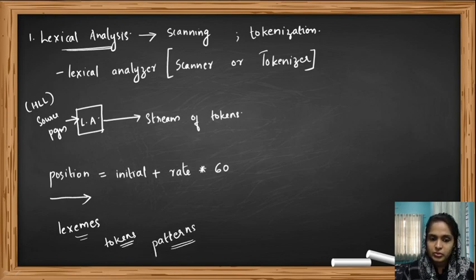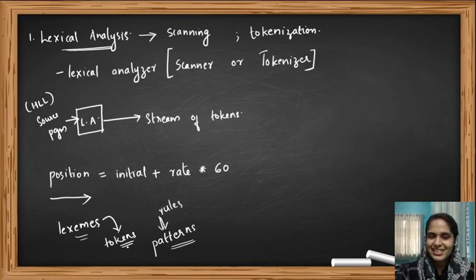You will go through these terms in detail in coming videos. For the time being, just understand that a lexeme is a meaningful stream of characters which we can convert into tokens. So the lexical analyzer will find the lexemes from the input source program or this statement, and those lexemes will be converted to tokens. And this conversion is based on some rules, and those rules are known as patterns.